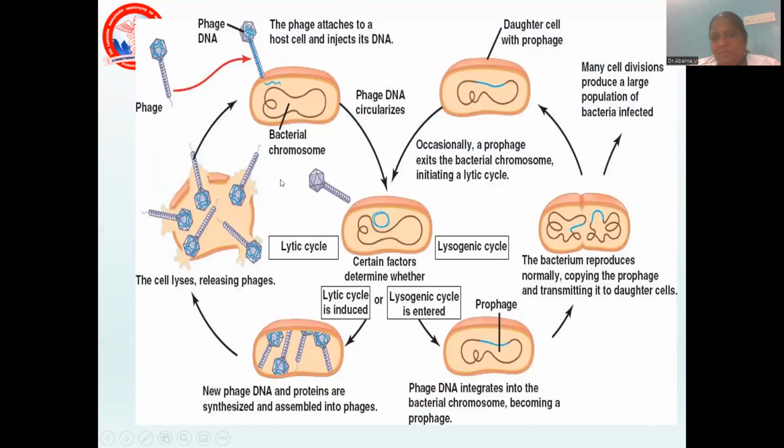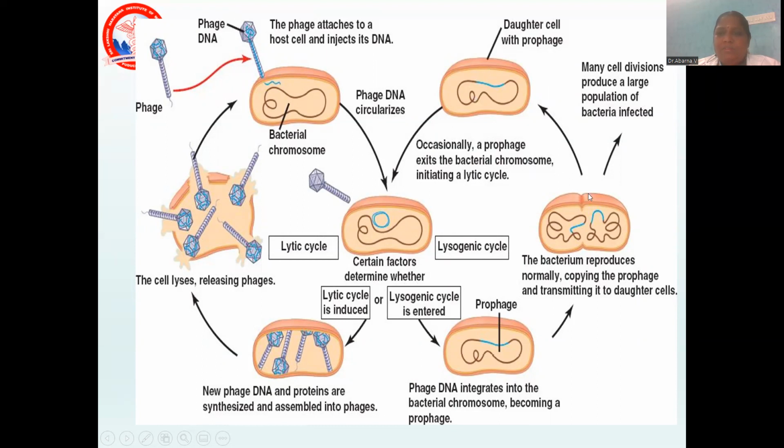So what happens here? The same thing, the bacteriophage, the virus, enters the bacterial cell and injects its nucleic acid inside, and instead of producing its own nucleic acid and all the other machinery, what does it do? It gets incorporated into the bacterial genome by itself. So it becomes a prophage, that is known as prophage. It is getting incorporated into the mother cell's DNA and forming a prophage.